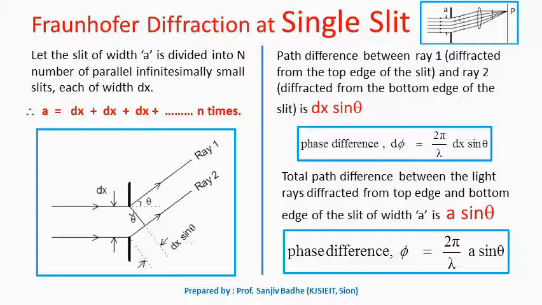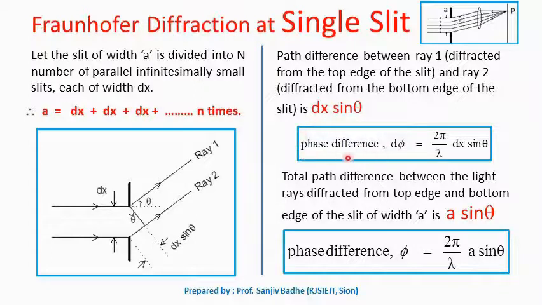Path difference is the difference in the path traveled by the two rays. From this point onwards, both light rays are traveling the same distance, and therefore this is the additional distance traveled by ray number 2, which we are calling the path difference. So the path difference between these two rays is dx sin theta.